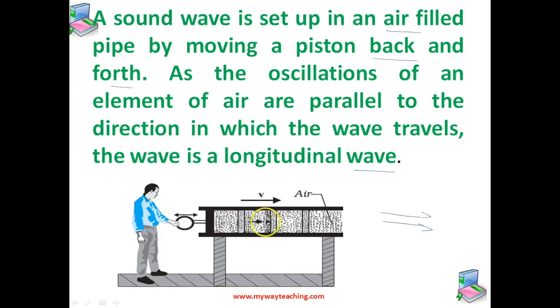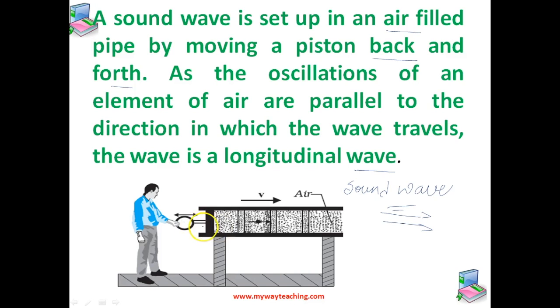The most familiar example of a longitudinal wave is the propagation of sound waves. That is a very good example. A long pipe which is filled with air has a piston at one end. A sudden single push forward and pull back of the piston will generate a pulse of condensation and rarefaction.